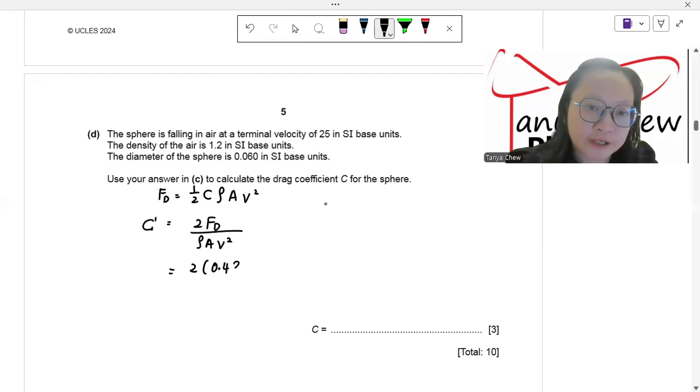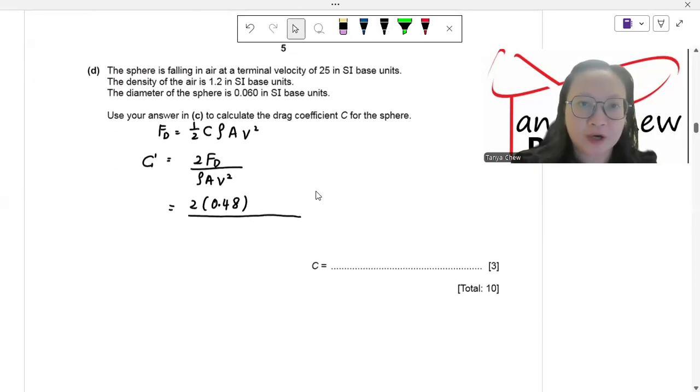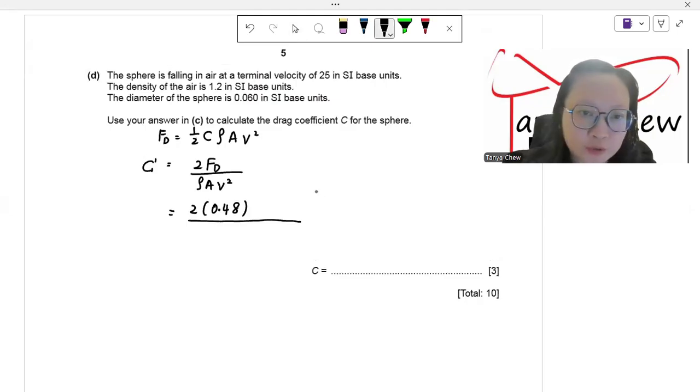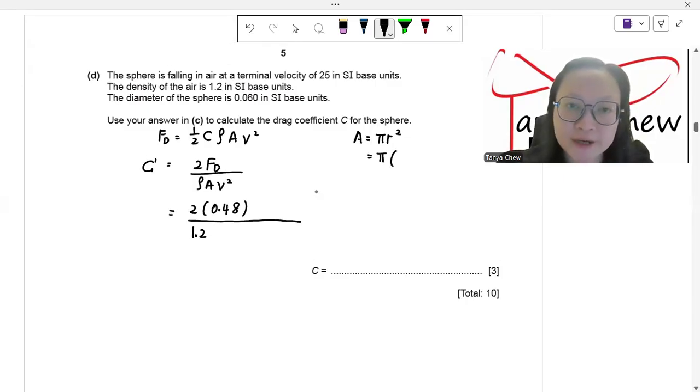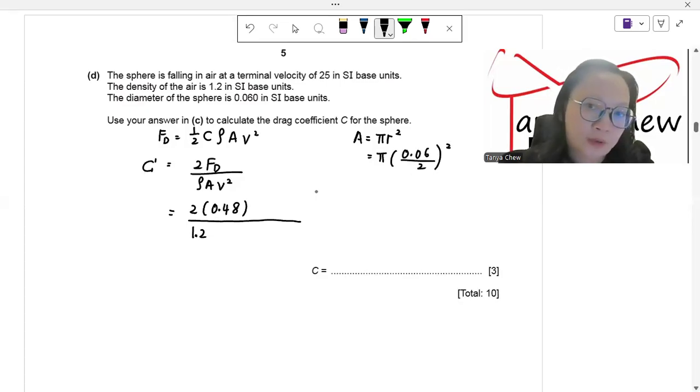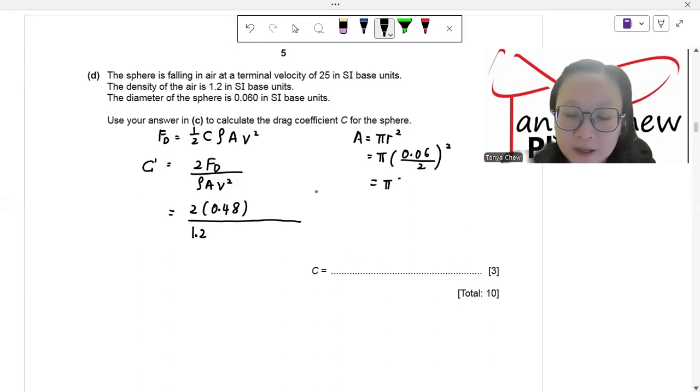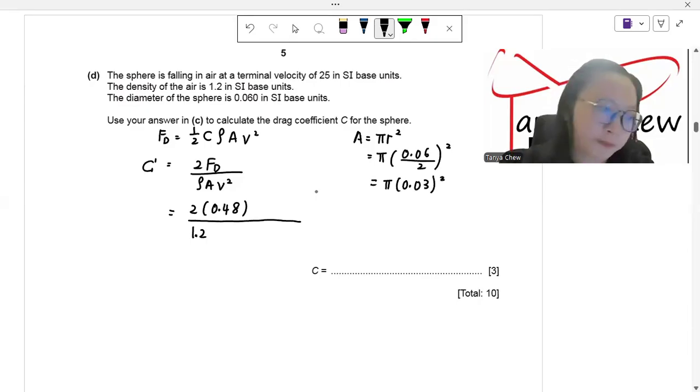2Fd is 0.48, the one that I calculated earlier, divided by rho, the density of the air, which is 1.2. A is the problem now, but don't worry, because the area of the sphere is pi r square. Diameter is 0.06, so r would be 0.06 divided by 2, which is 0.03, and you square it.